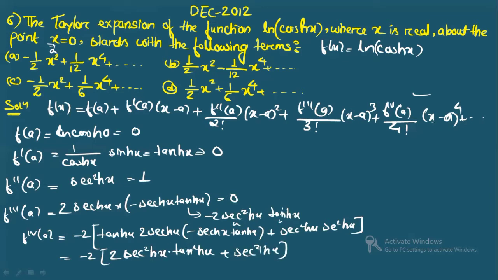This is tanh x, this term will become 0. If you put x equals 0, it will give you 1. So it will be just minus 2, the value, right?